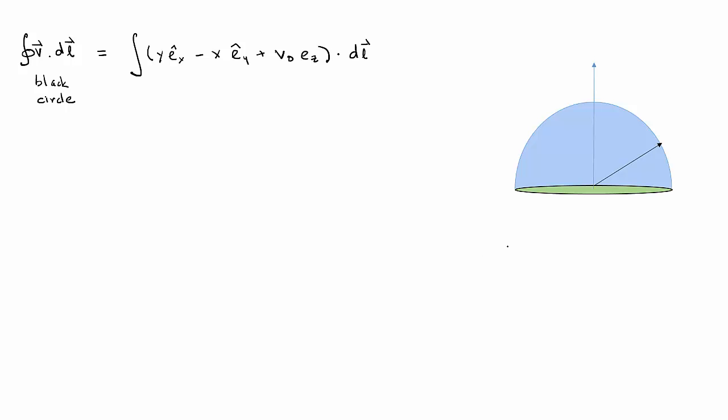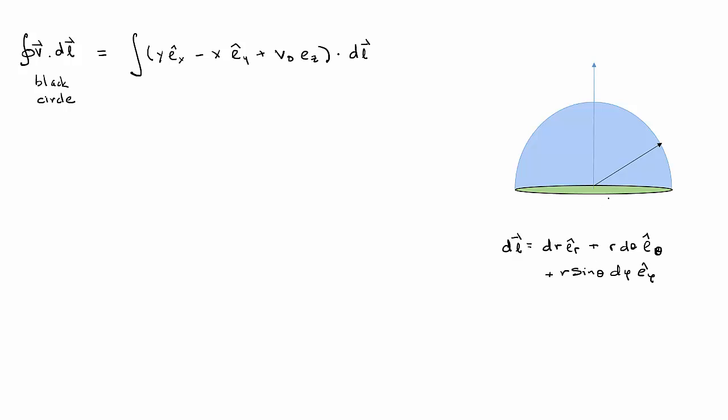Once again, the differential line element is nothing more than dr er plus r d theta e theta plus r sine theta d phi e phi.